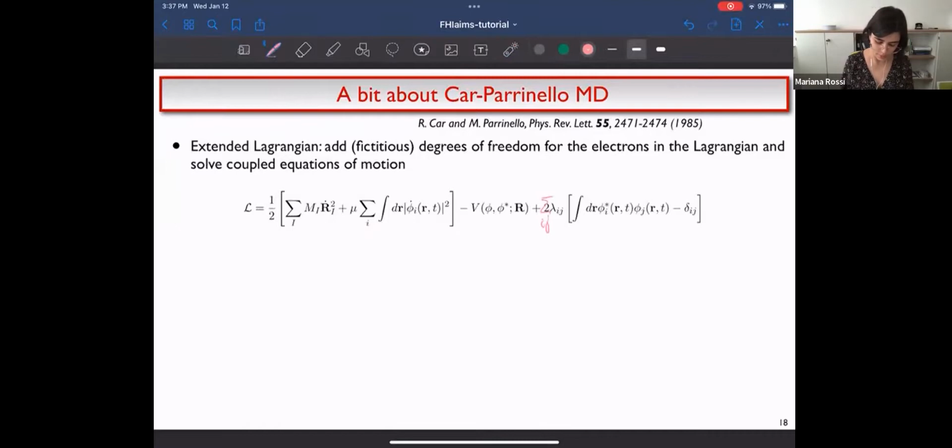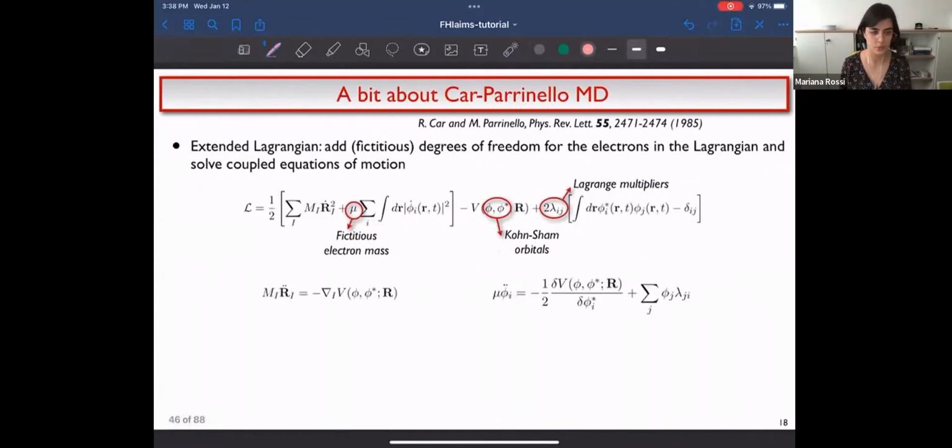And by doing this dynamics, you can then calculate the equations of motion, both for the nuclei as well as your fictitious degrees of freedom, which are involving the Kohn-Sham orbitals of your calculation. So you evolve them explicitly in time with your system.